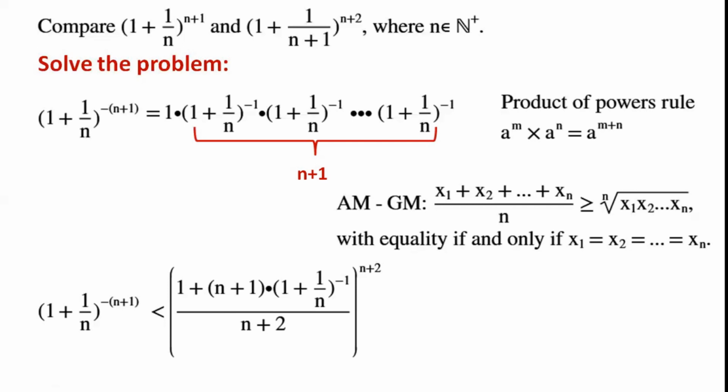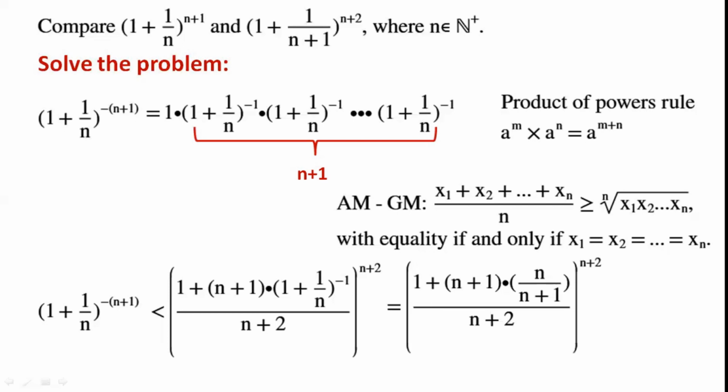Note that in this case we can only write less than rather than less than or equal to, as here it's with equality if and only if x1 equals x2 equals so on equals xn.